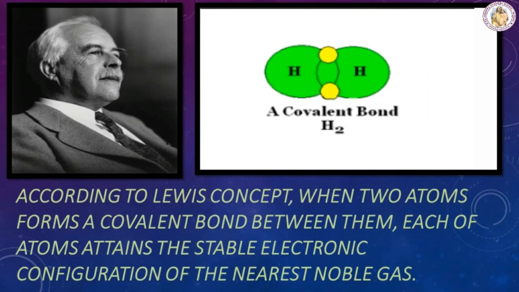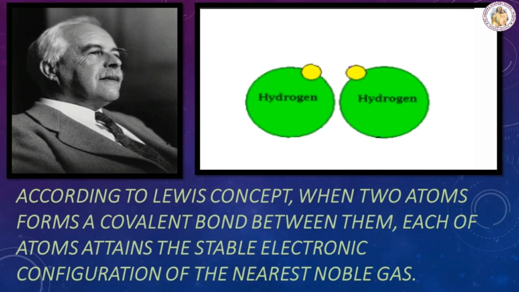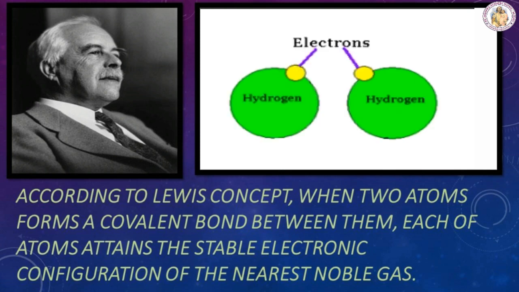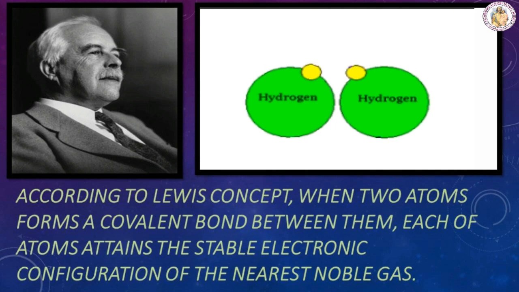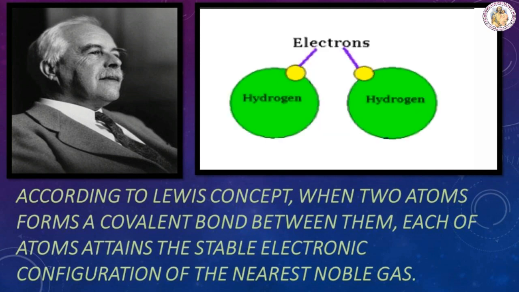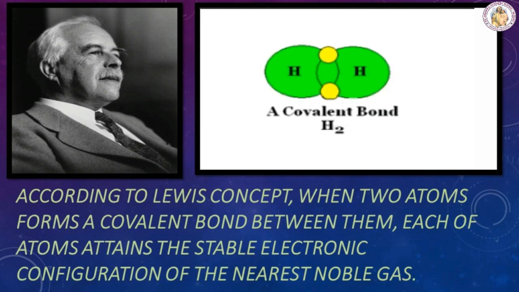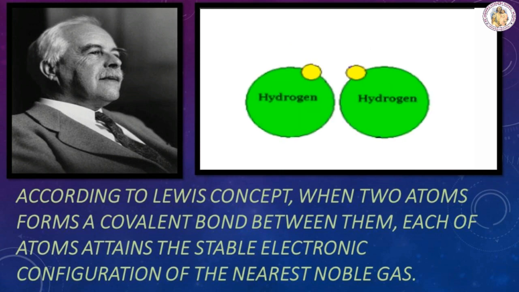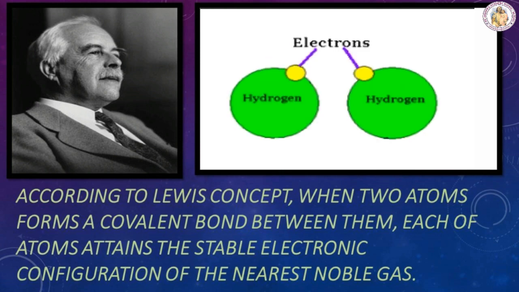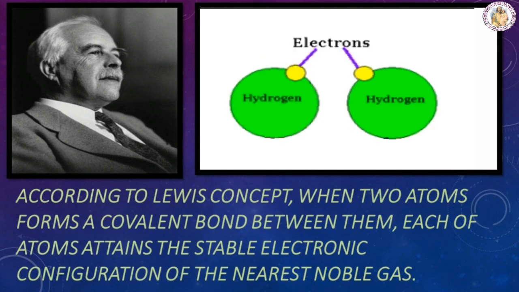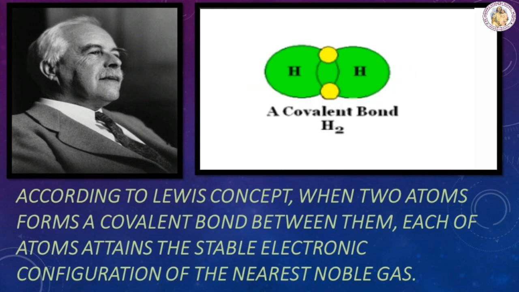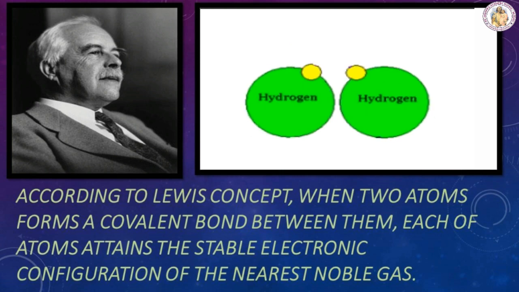Now we'll move to the covalent bond. According to Lewis' concept, when two atoms form a covalent bond between them, each of the atoms attains the stable electronic configuration of the nearest noble gas. Already we know that helium, argon, neon, xenon are noble gases.